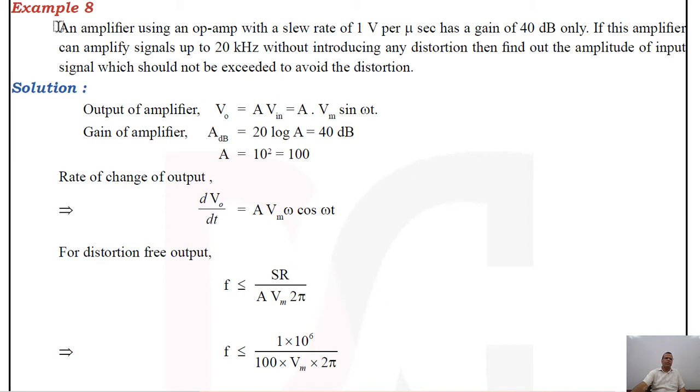The first example: an amplifier using an op-amp with a slew rate of 1 volt per microsecond has a gain of 40 dB only.